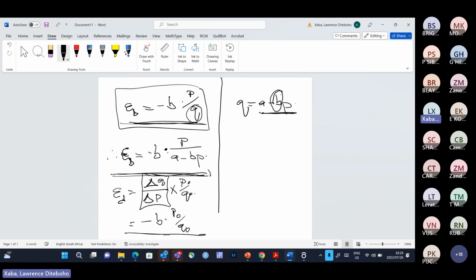So there will be a case whereby you'll be given points. When you're given points and you have an equation, and in your equation you are given your slope, this is the formula to use in order to get the value of elasticity of demand. Let's take an example.